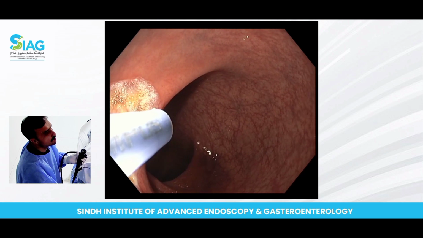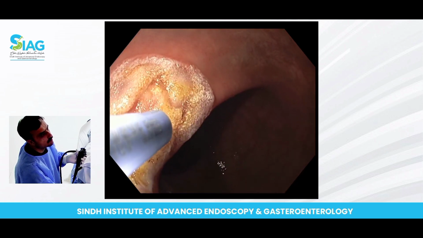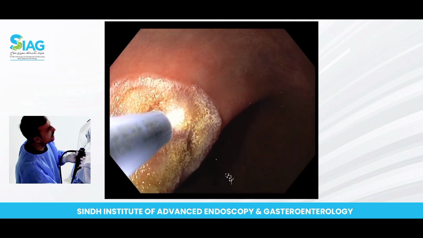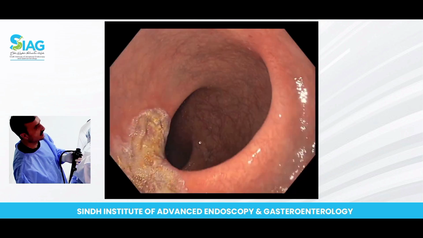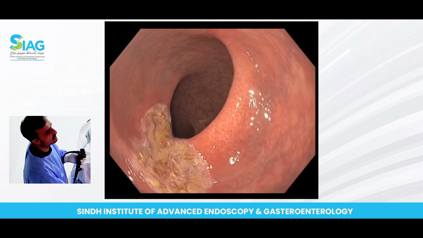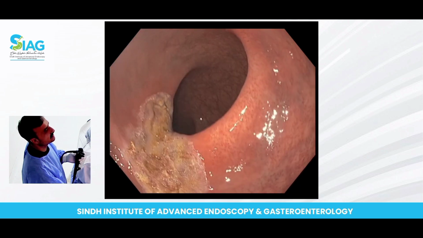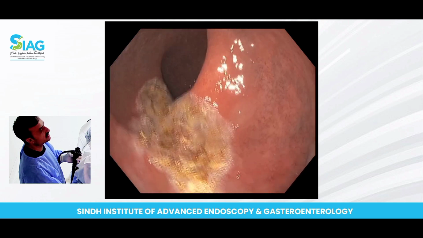So there are three types of probes for APC. As I discussed earlier, there are different settings for APC according to the lesion. When you have a GAVE lesion, it is a different setting. When you are controlling bleeding or doing tumor ablation, different types have different settings. So you should know which setting should be used for which lesion.